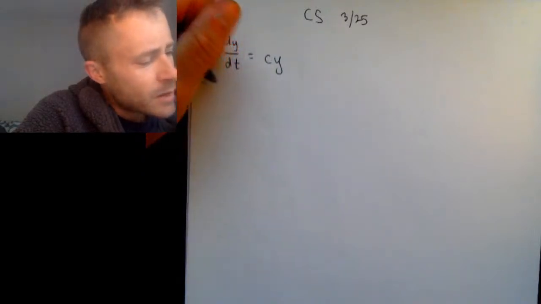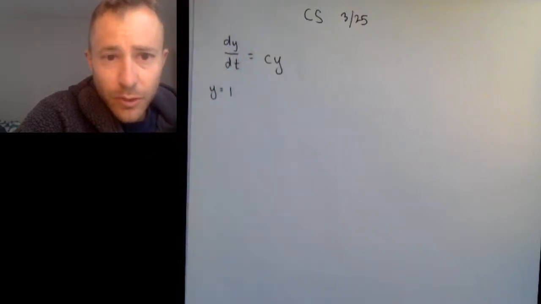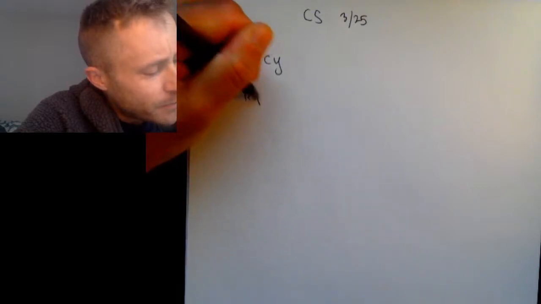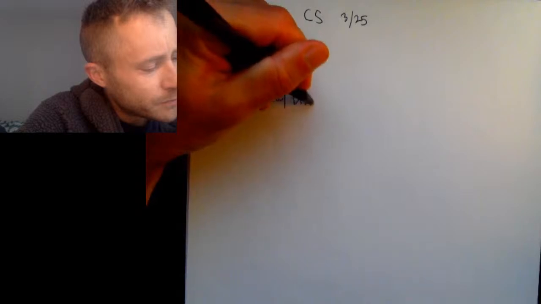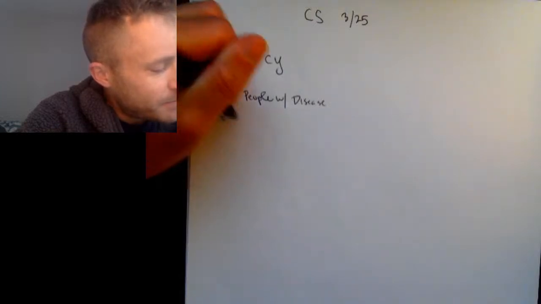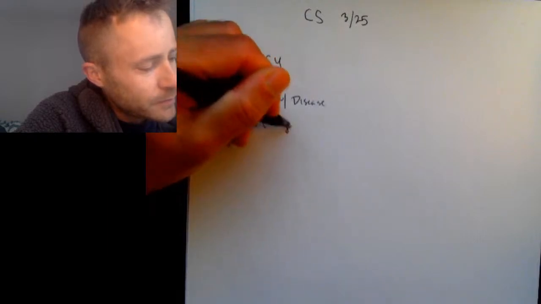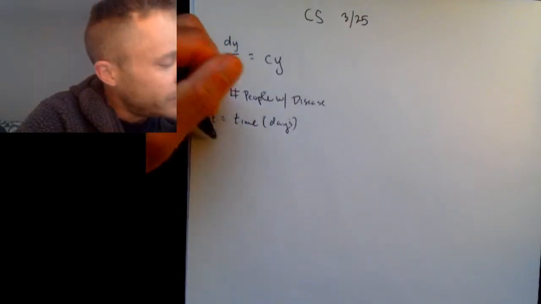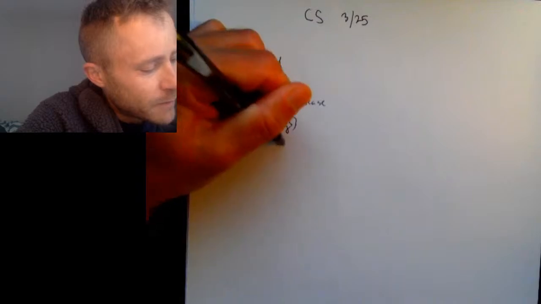In this case, for this assignment, y is going to be the number of people with disease, t is time, maybe in days, and c is a growth constant.